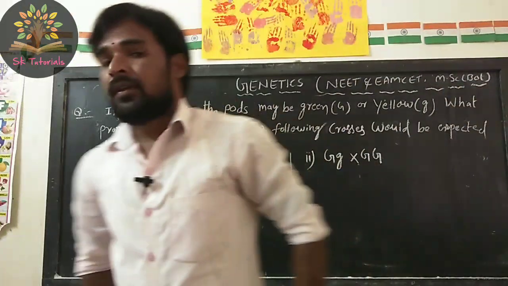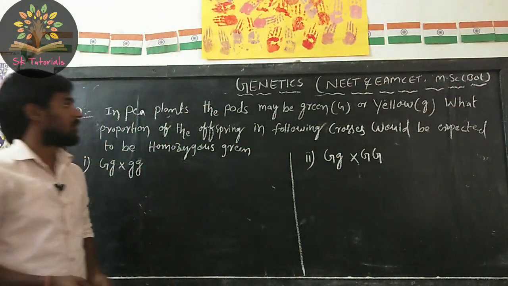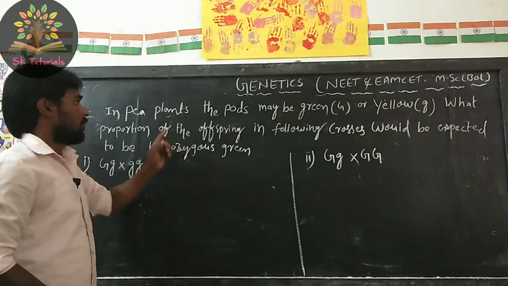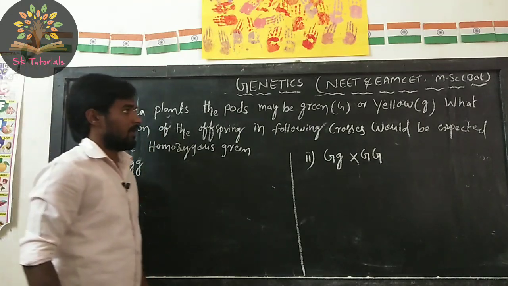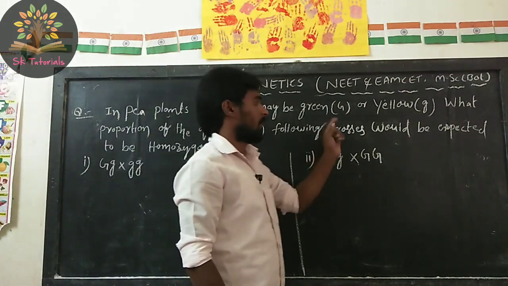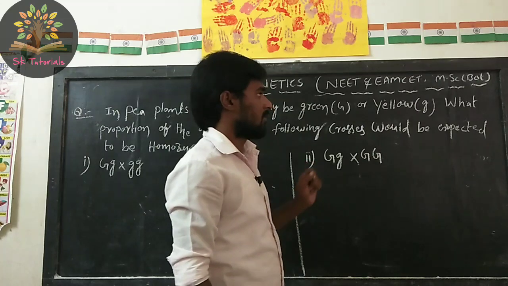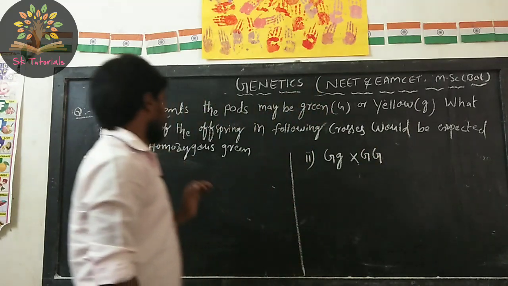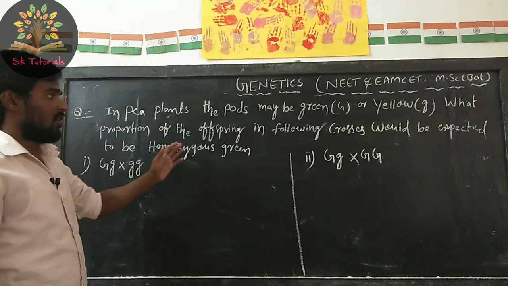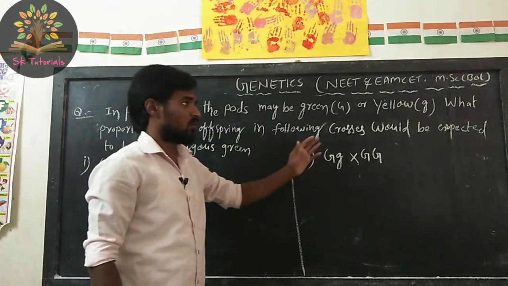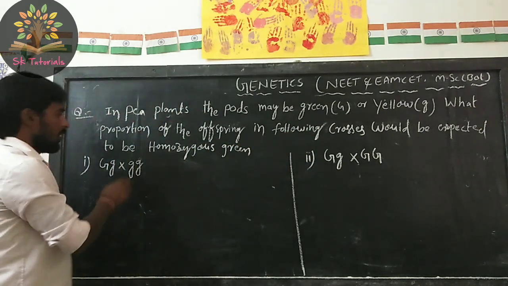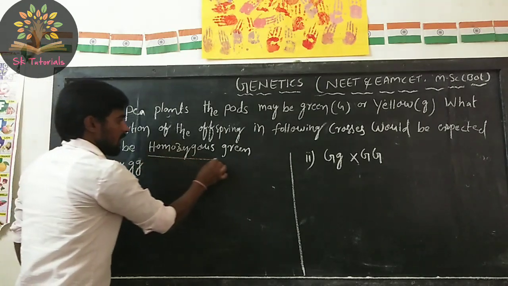Okay, the next question is: in pea plants, the seeds may be green, capital G, or yellow, small g. What proportion of the offspring in the following crosses would be expected to be homozygous green?